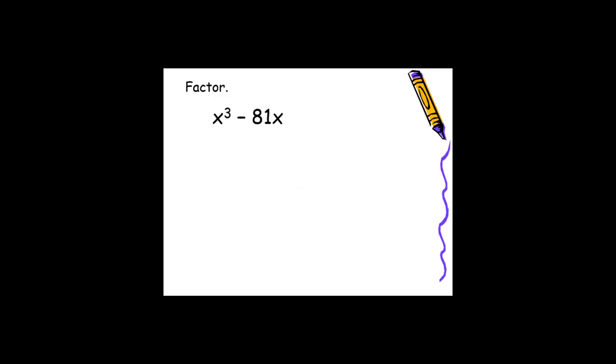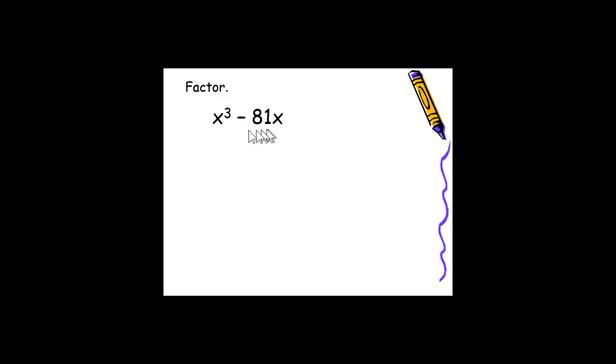Let's factor. Notice we do have a subtraction sign, but the exponent is odd. Therefore, the first term is not a perfect square. The second term, 81, is a perfect square. The exponent of the variable is a 1. Since 1 is an odd number, the second term is not a perfect square as well.